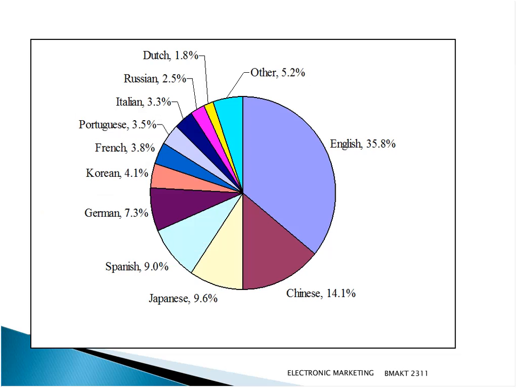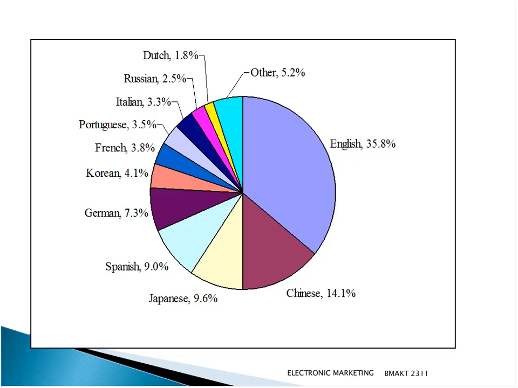Let's go further. This is how electronic marketing works based on different languages all around the world, how the categories are done. As you can see, 35.6% of people in the world speak English. The next highest is the Chinese language, specifically Mandarin, which is 14.1%.